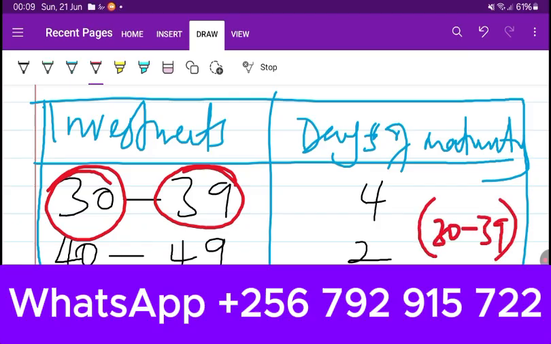They all belong in that class. And this applies to all other classes, that even this 40 and the 49, they are all inclusive within this class. So that's what we call the inclusive classes.